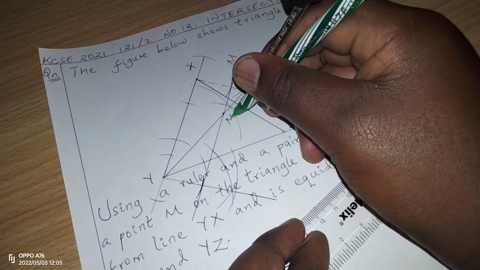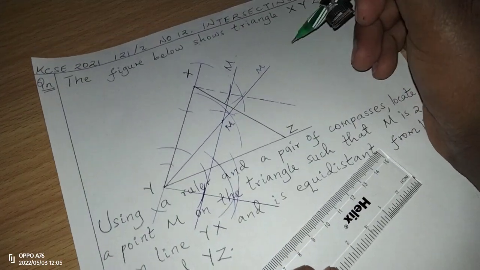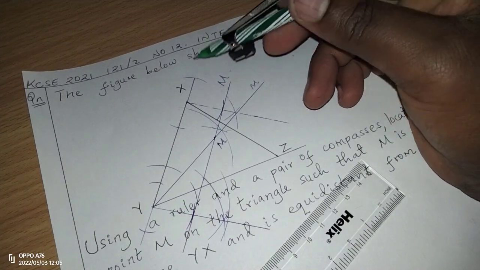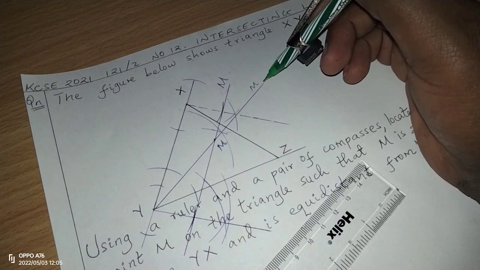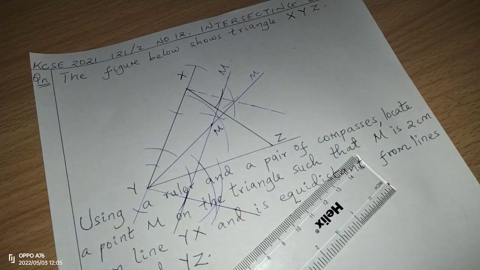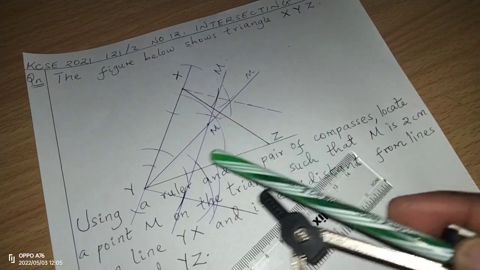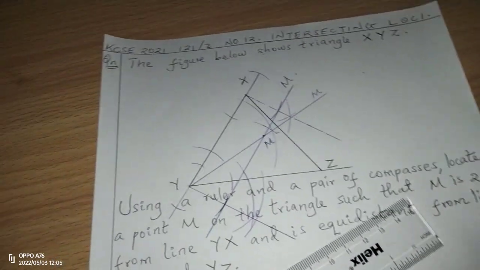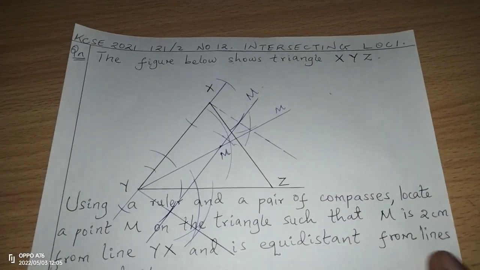So intersecting loci are made by the locus of points at a given distance from a line and the locus of points which are equidistant from two given lines, and they are given by a parallel line from the said line and an angle bisector of the lines which have been stated. So that is how we get the two loci intersecting.